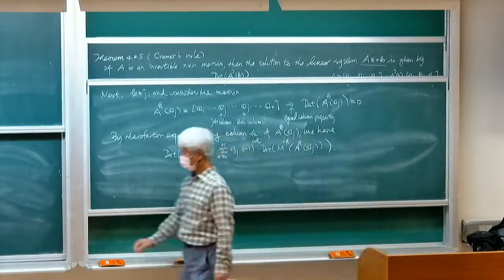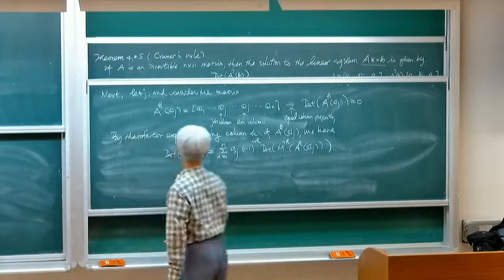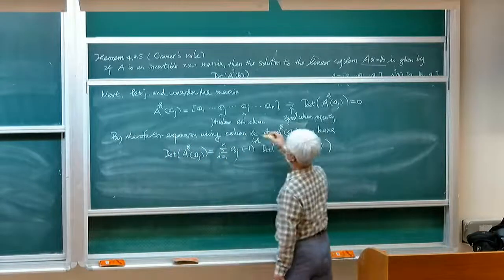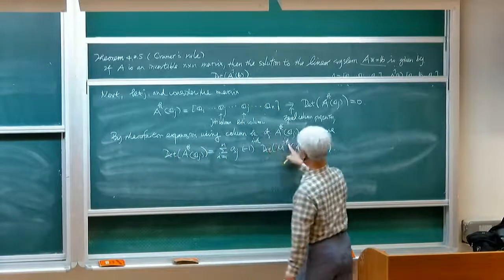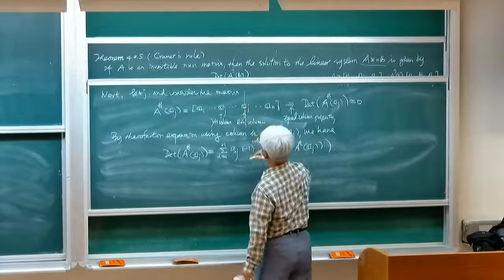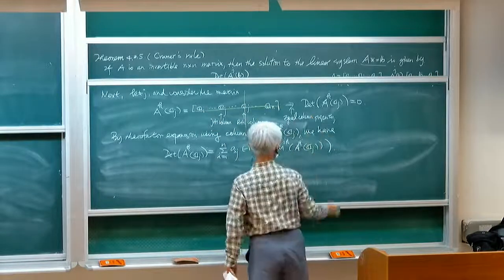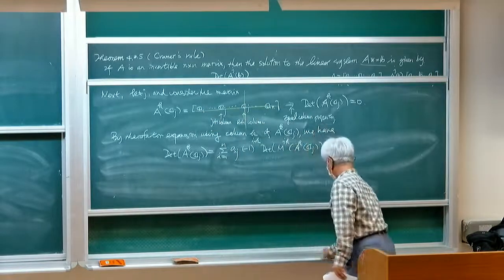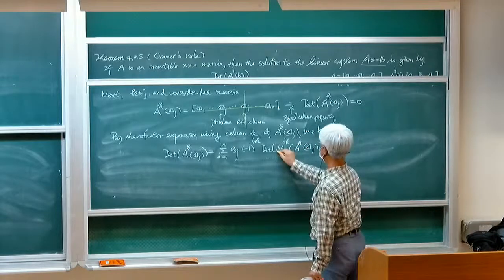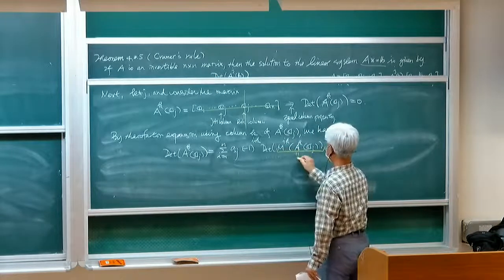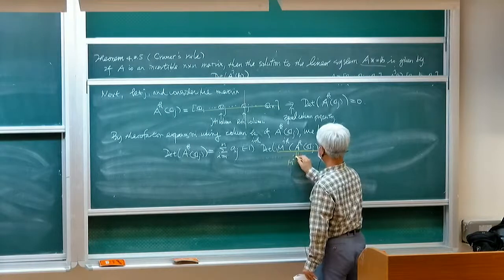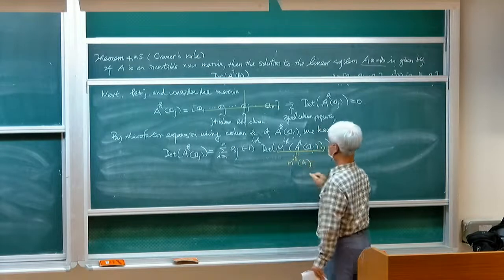And again, when you take the ik minor, you remove this column and the ith row, you see that this one is indeed M_ik of A, the same.